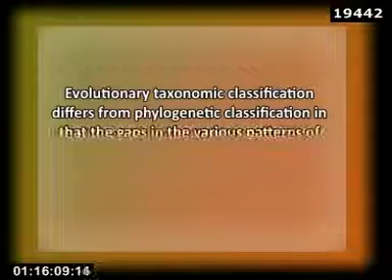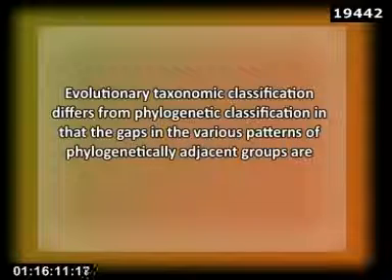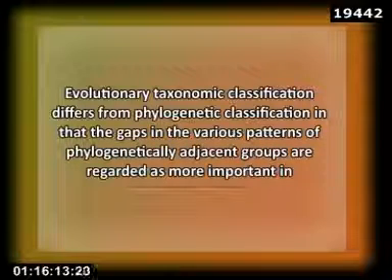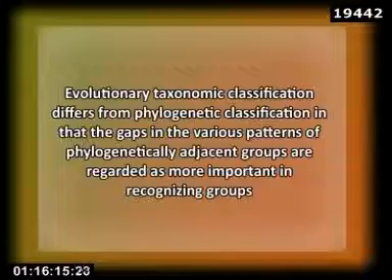Now, evolutionary taxonomic classification differs from phylogenetic classification in that the gaps in the various patterns of phylogenetically adjacent groups are regarded as more important in recognizing groups. It accepts leaving out certain descendants of a common ancestor, that is, recognizing paraphyletic groups, if the gaps are significant, thus failing to provide a true picture of the genealogical history.